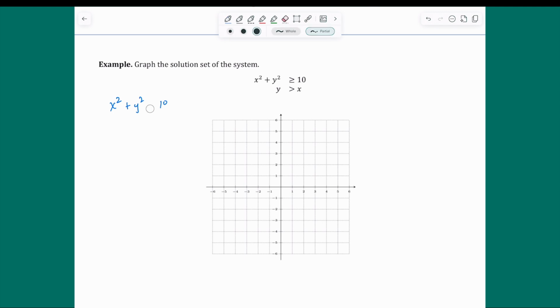I put a greater than or equal symbol. I should have put an equal sign. All right, so this is nothing more than a circle centered at 0, 0, and with radius square root of 10.